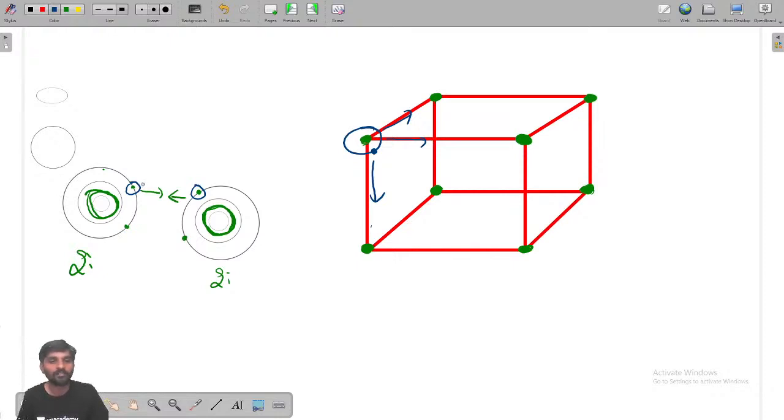Now I am talking about only 2 atoms. In a crystal you will have many atoms. Let's consider n number of atoms existing. How many outer electrons do you have? You have n electrons.